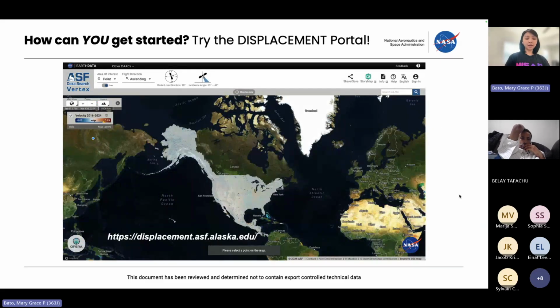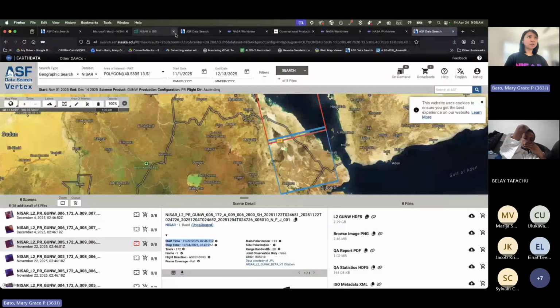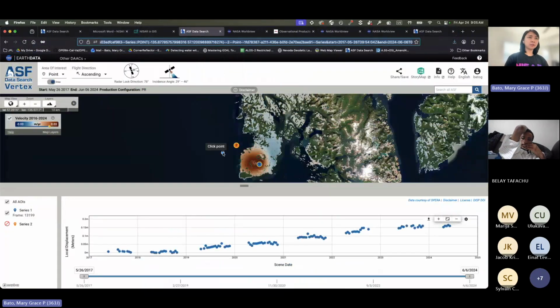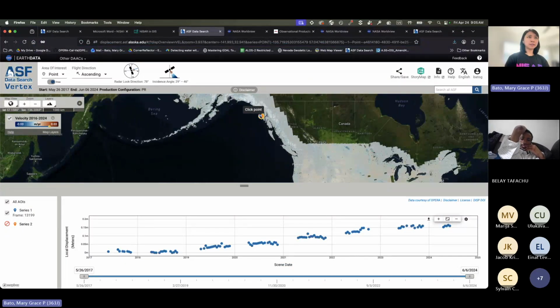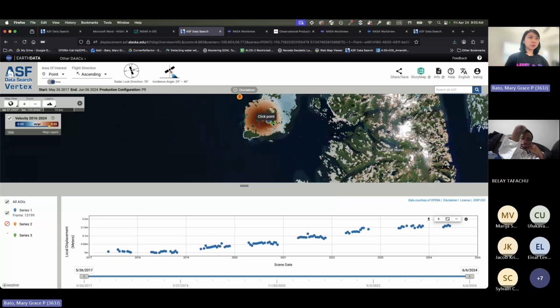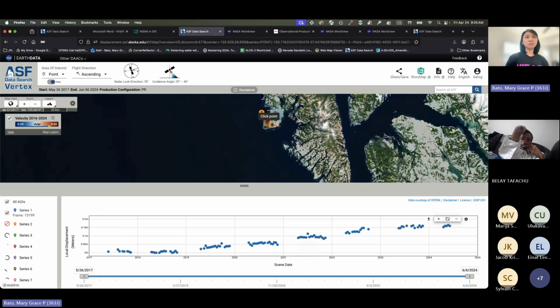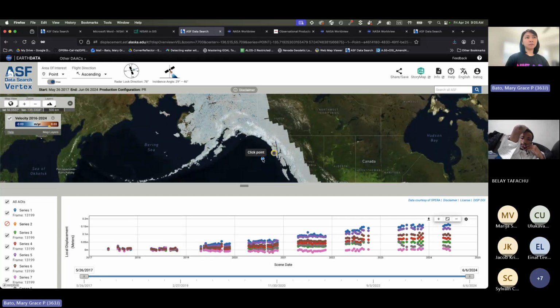To simplify your process, or if you just want a first look at the deformation on your volcano of interest, for example, here I just went to Alaska, that part is again Edgecumbe, and I will just go there and click here, and then you will have this kind of time series. So it gives you an understanding of what's happening in this volcano.